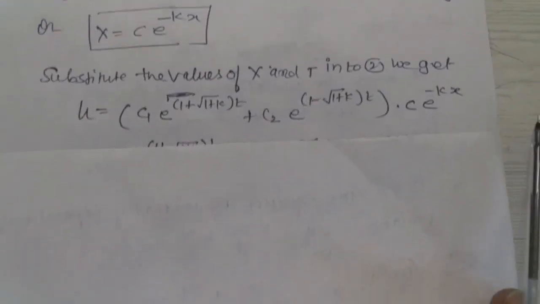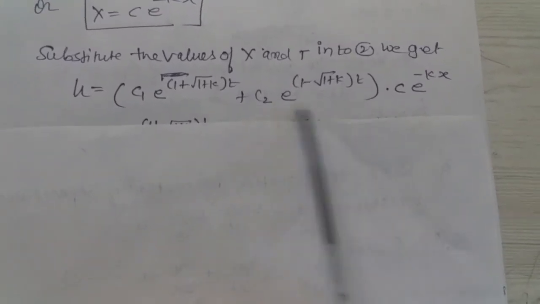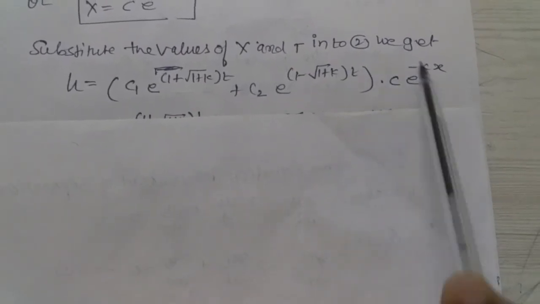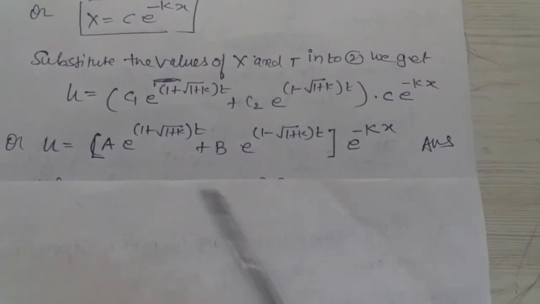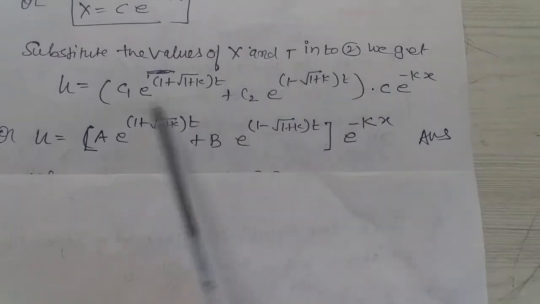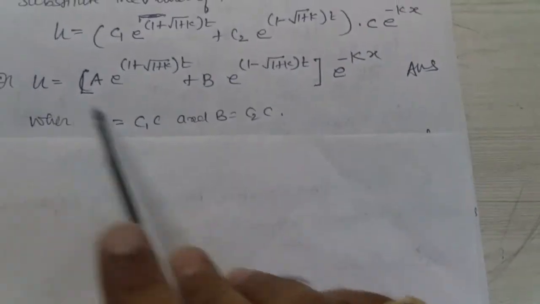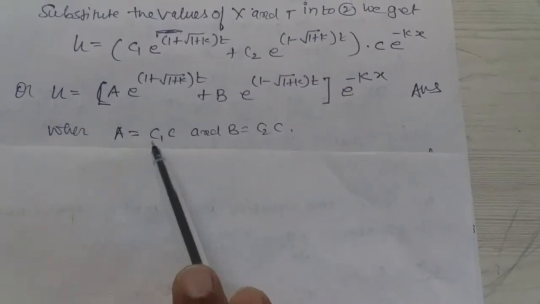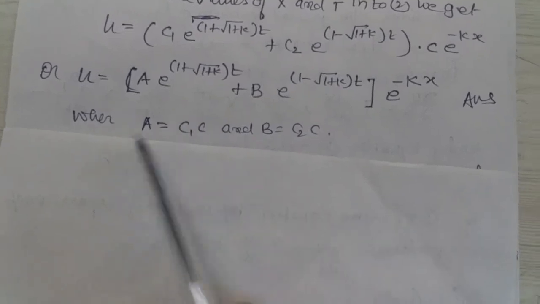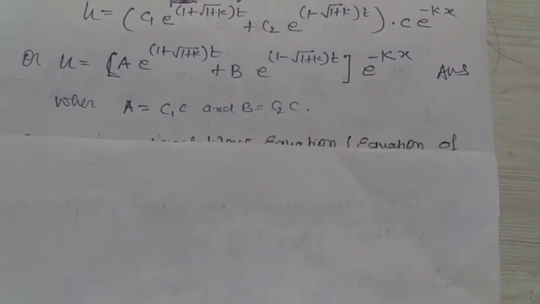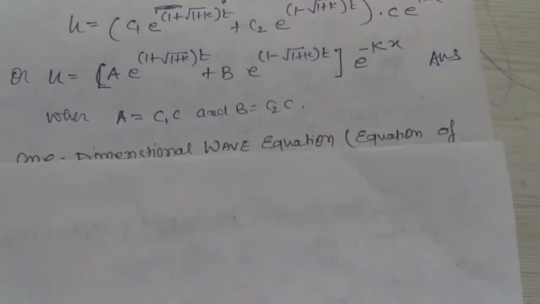Therefore the general solution is u equal to the solution of the first ordinary differential equation into the solution of the second ordinary differential equation, and this further can be written as u equal to, we multiply this expression in the bracket and then we get this relation where capital A is constant C1 into C and capital B is C2 into C. So this is the general solution of the given partial differential equation using the method of separation of variables.